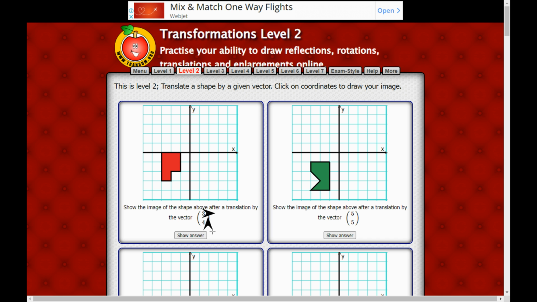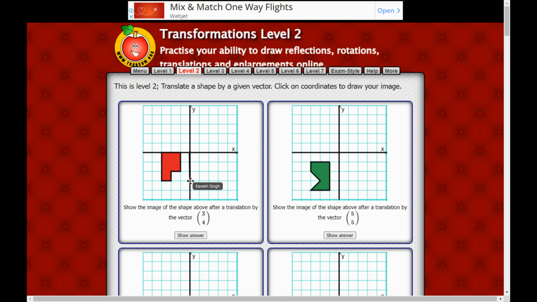That's your translation. So that means I've got to move this shape 3 units to the right first. Then I've got to move it 4 units up. And it's going to end up somewhere over here. All right, so let's see if I can do that. If I move the whole shape 3 units to the right, this line here will move 3 units, so it'll be 1, 2, 3 units to the right over here.